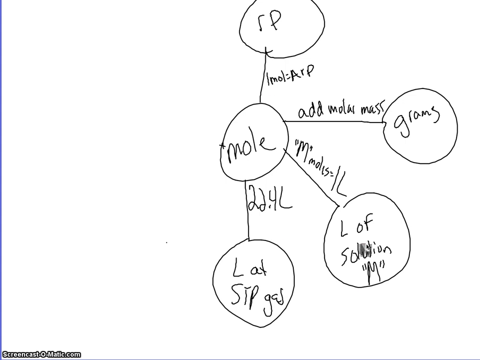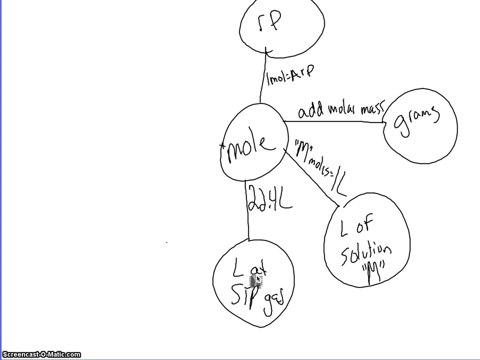There's no milliliters on my map. That's because it's a metric prefix. In a previous video, we talked about how sometimes you will have to start at a metric prefix, which is kind of an offshoot of the base. So I know milliliters is going to be an offshoot of one of these liters.